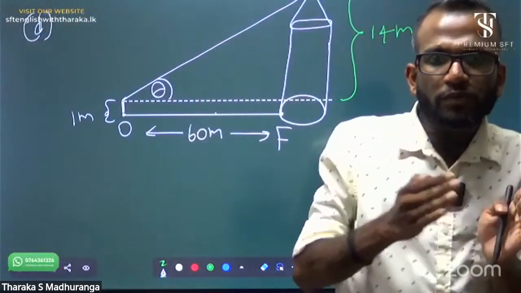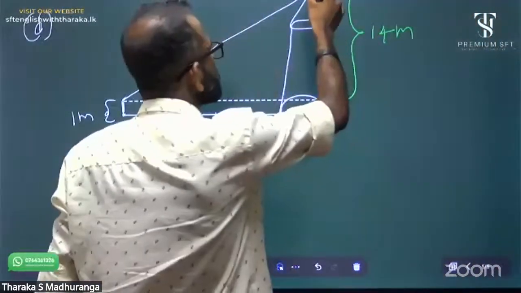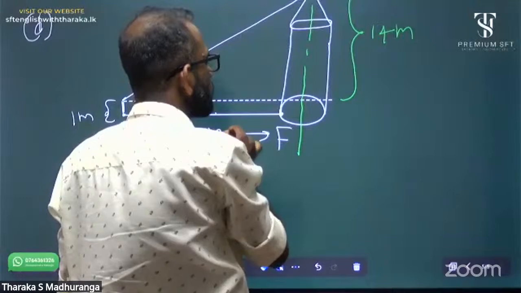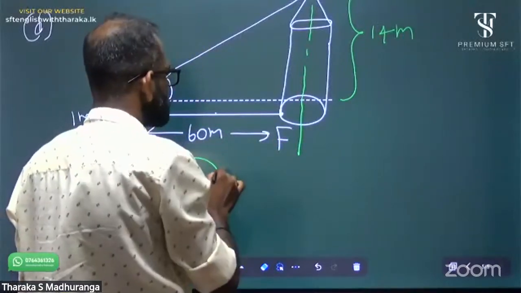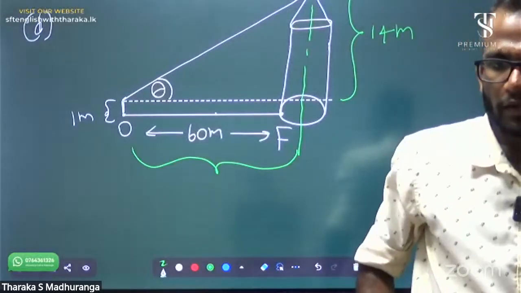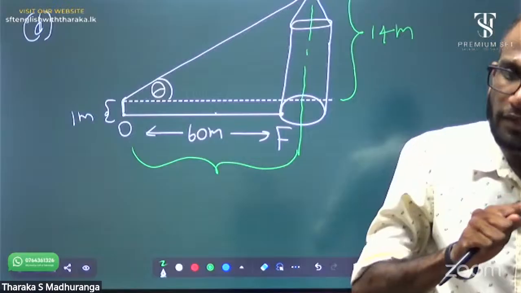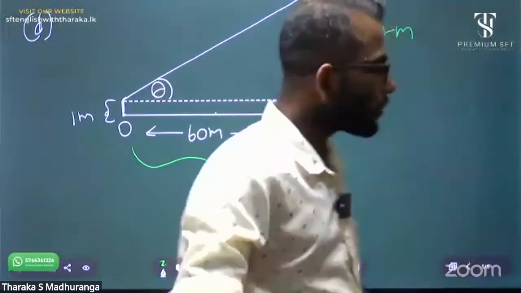Now my question, what is the length from the O point to this point? It's not 60 meters. The question asks the top of the tower.